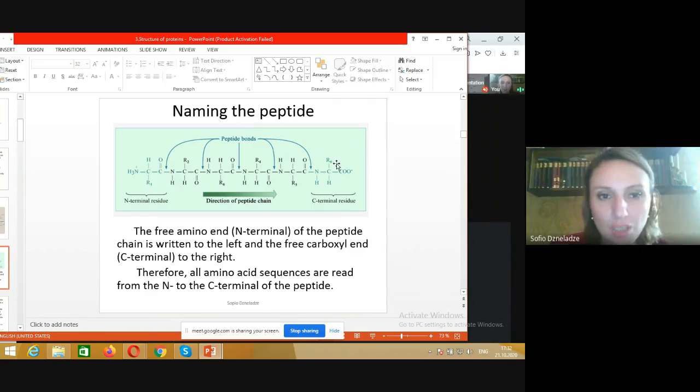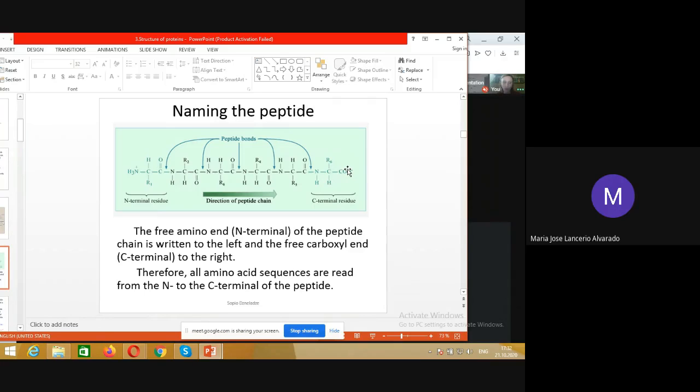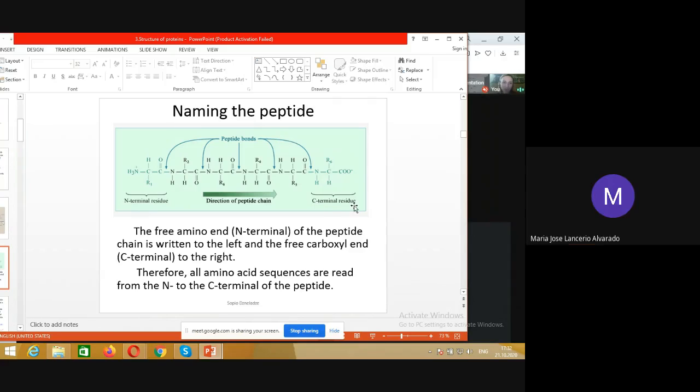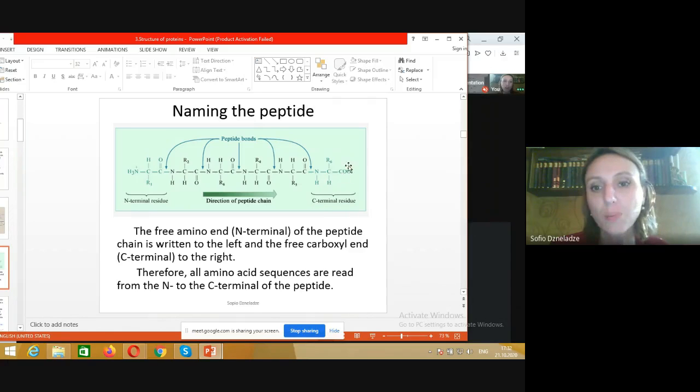It's a direction. The polypeptide starts from N. Why N? Because it's the amino group here, N, nitrogen. And it ends with the C terminal residue. Why C? Because this carboxyl group is given at the end of the polypeptide, and this C means that this is a carbon.